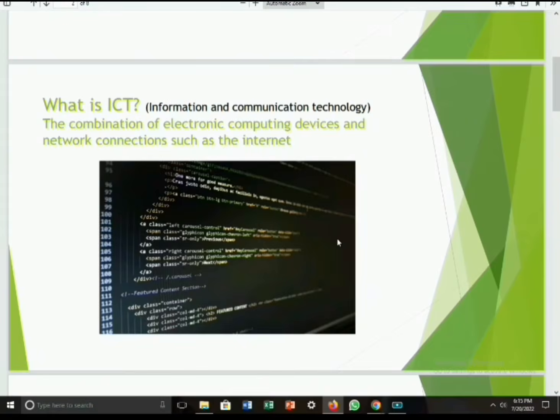Guys, ICT refers to using computer technologies such as computers, tablets, and cell phones to share information such as images and videos with the use of communication technologies such as cell phone towers, satellites, and the internet. ICT allows governments, organizations, and people to be connected together through the internet.